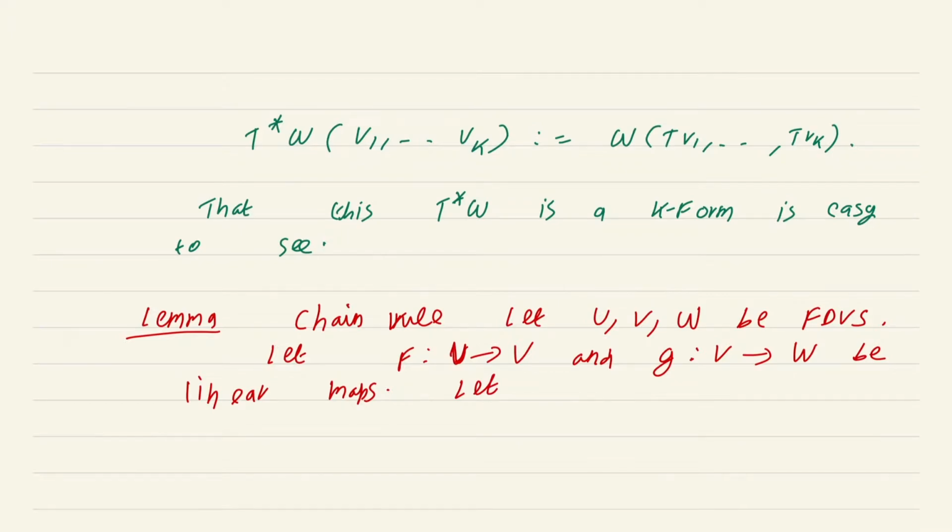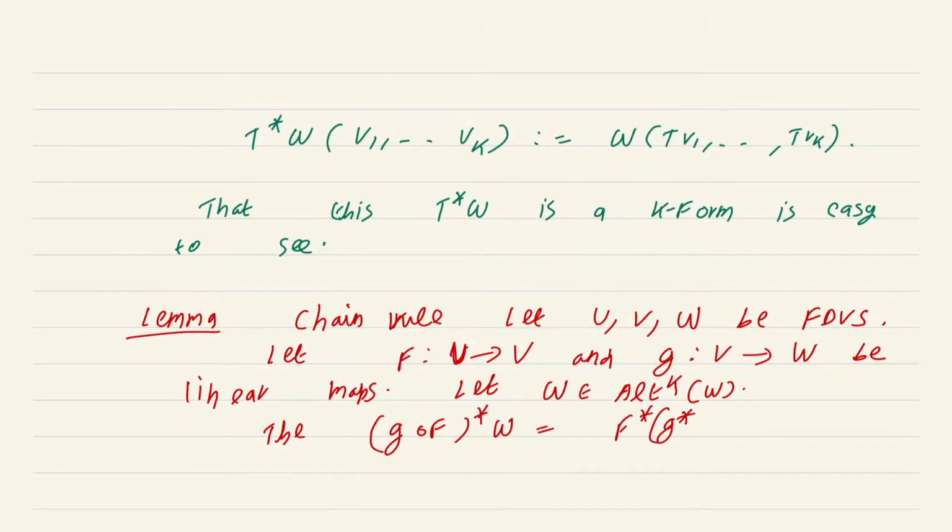Let omega be an element of Alt^k(W). Then (G composed with F) star of omega is nothing but F star G star omega. So pullback under composition behaves well, except there is a switch that happens, for obvious reasons, because pullback goes from the codomain to the domain. Because of that, there is a switch.